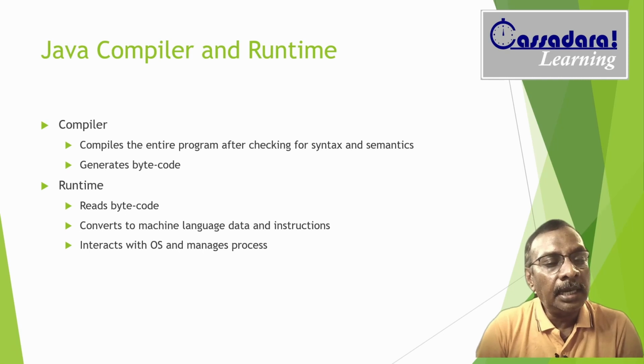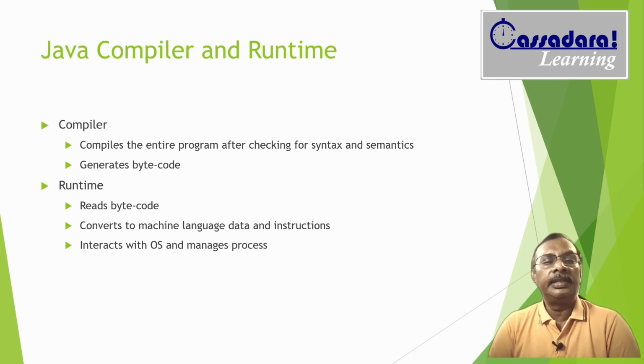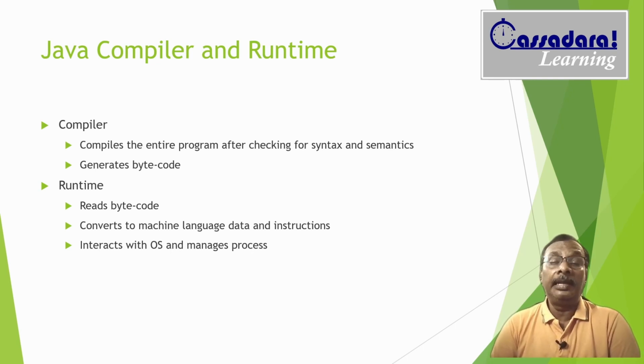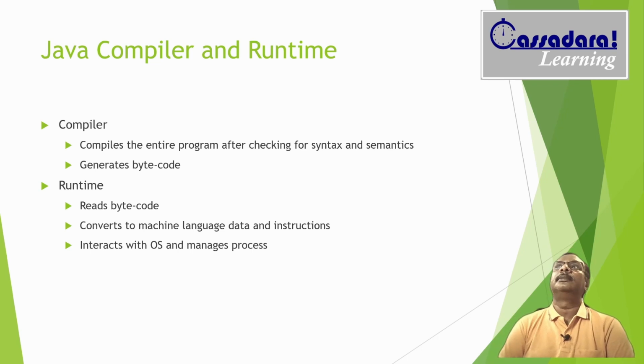So before starting to write our program, we have to understand two things. One is about the Java compiler, and another is about the runtime. A Java compiler is a program that basically compiles your high level language, whatever Java code we are writing, into something called a bytecode. These bytecodes are platform independent.